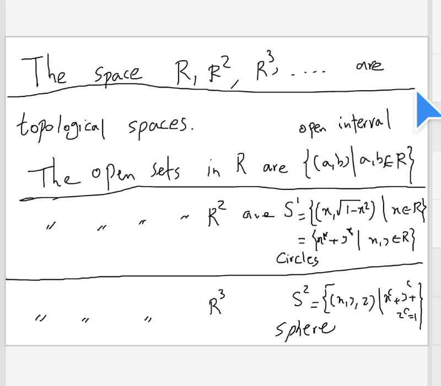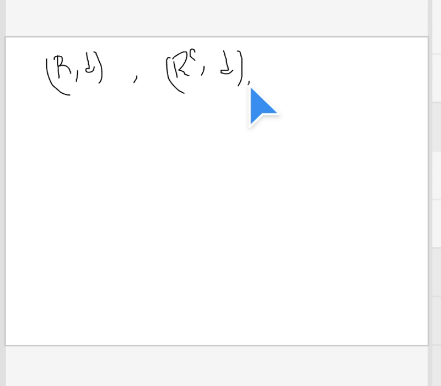As you see, R, R2, R3 are metric spaces.